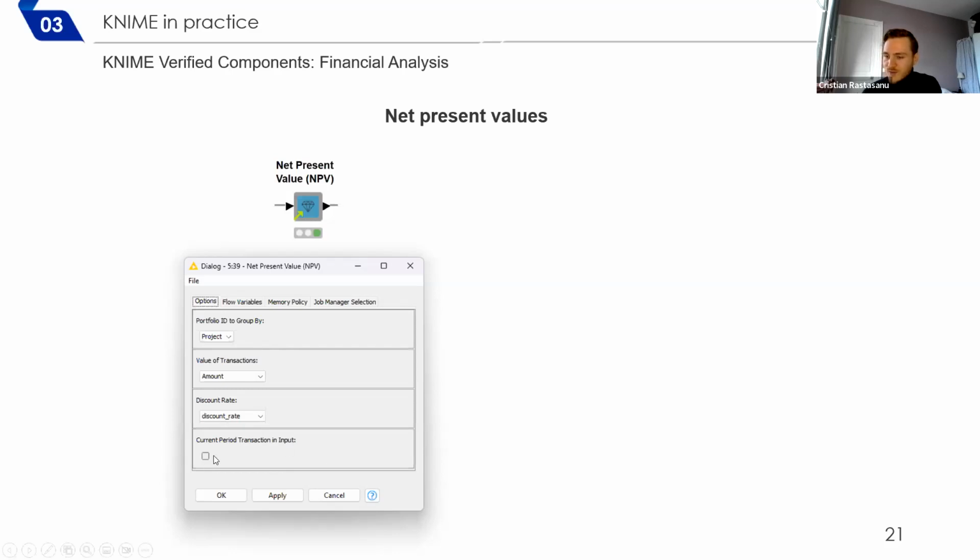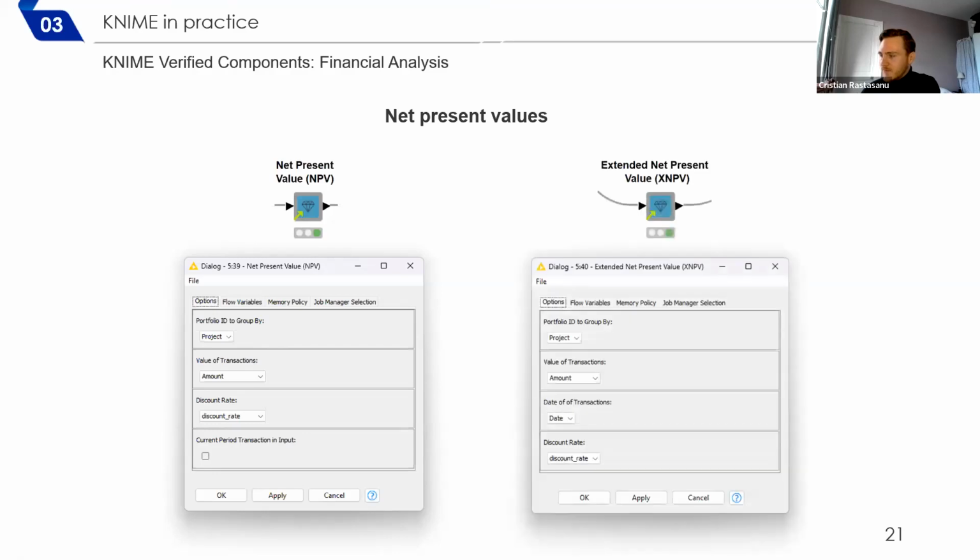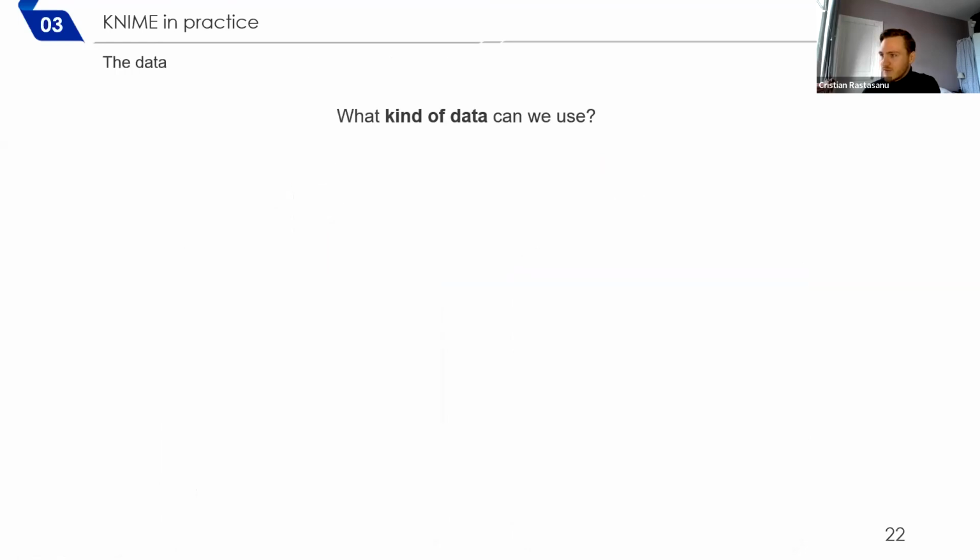Also, as in Excel, we can choose whether the current period transaction is included in the input or not. And the XNPV is the same, but with the date. So it's again the same discussion: XNPV should be better to use if we can.